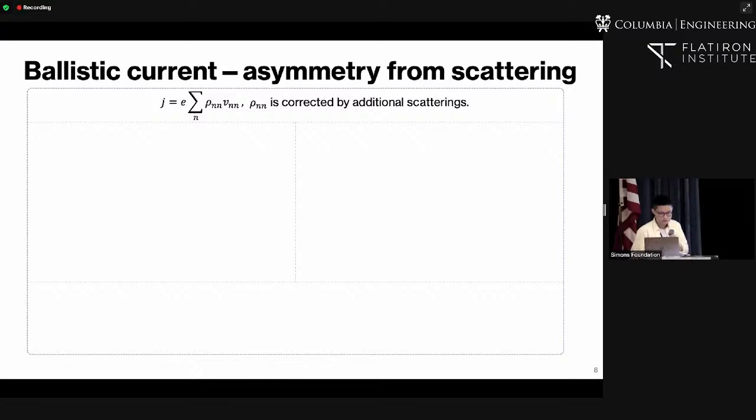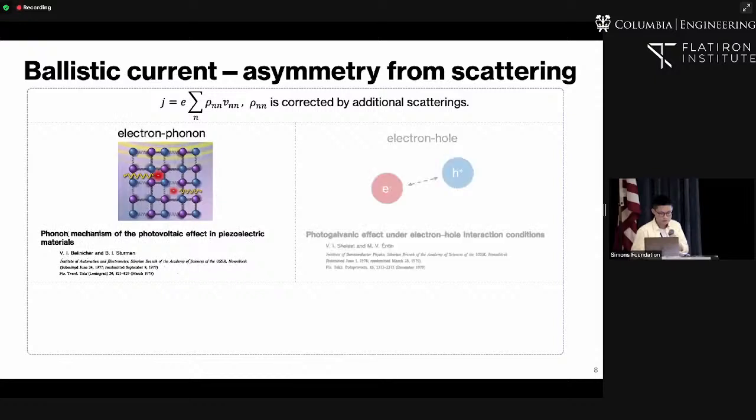And this asymmetry can come from some additional scattering mechanisms. There are two ubiquitous scattering mechanisms for every material. Basically, they are phonons and the electrostatic interaction between electrons and holes. And indeed, there have been some earlier works that discuss each mechanism and their contribution to the ballistic current.